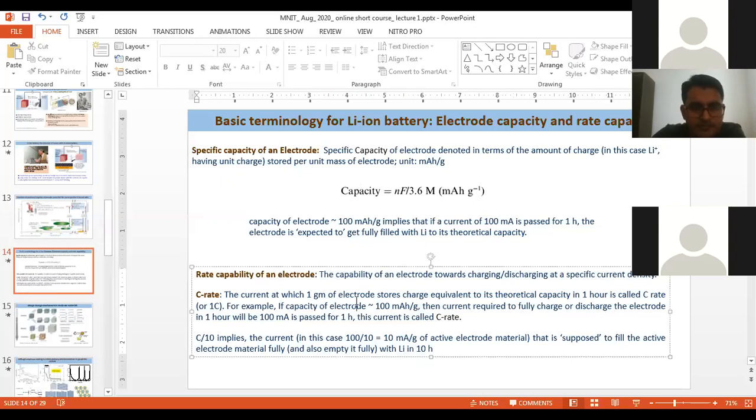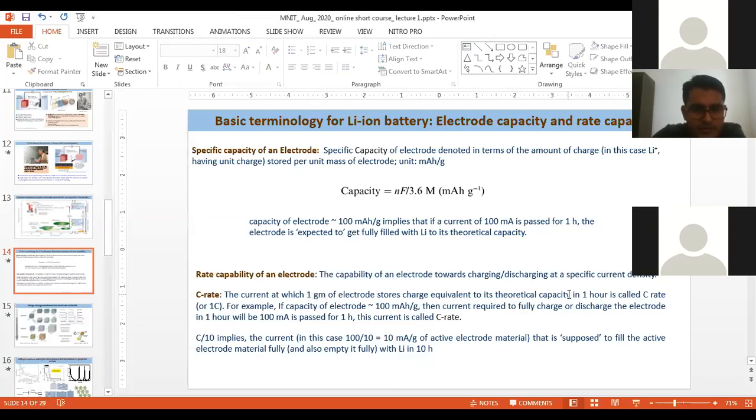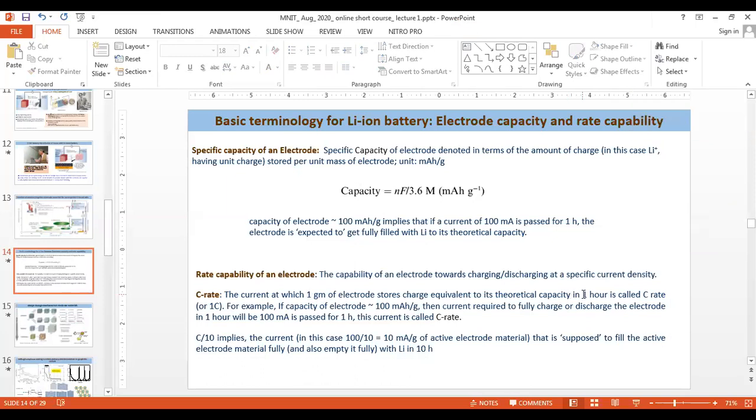So, and C rate, I told. So what you do to determine the C rate, suppose your 1 gram of material stores near to the theoretical capacity of that material in 1 hour.